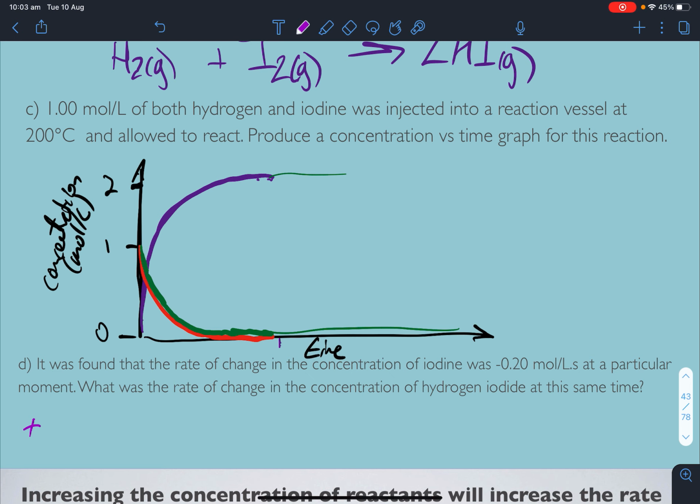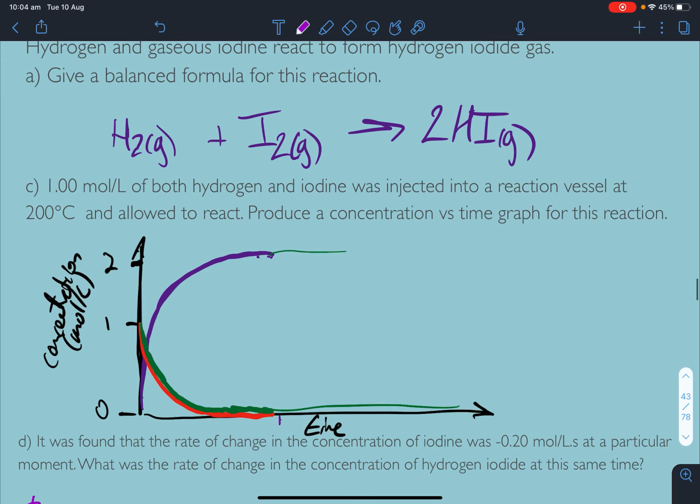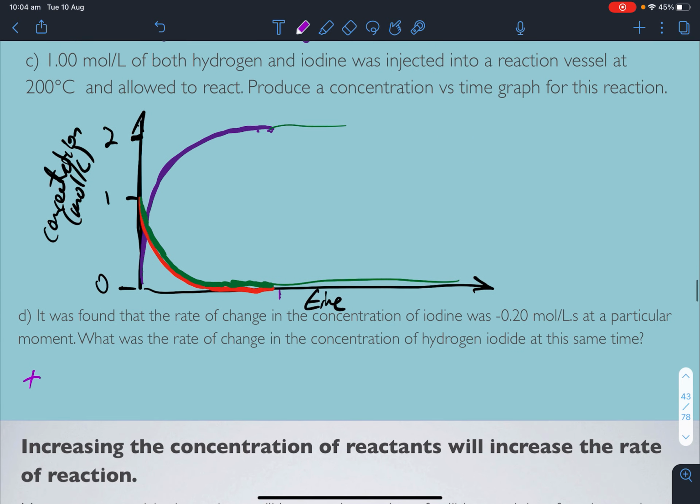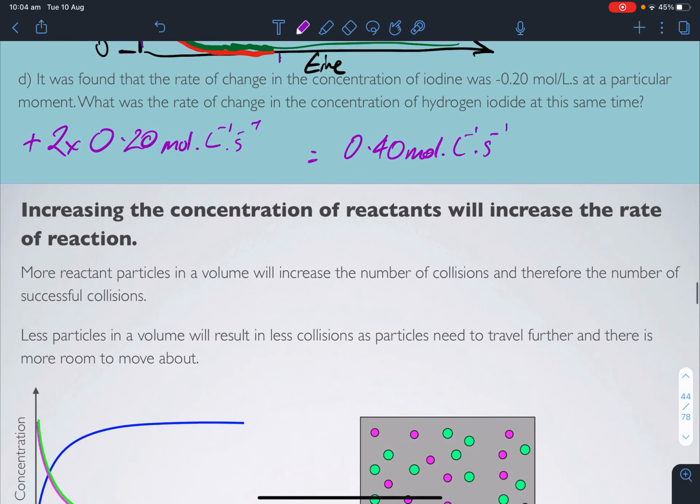And we're forming 2 times that from our reaction. So it's going to be positive 2 times 0.20 moles per litre per second, which equals 0.40 moles per litre per second.